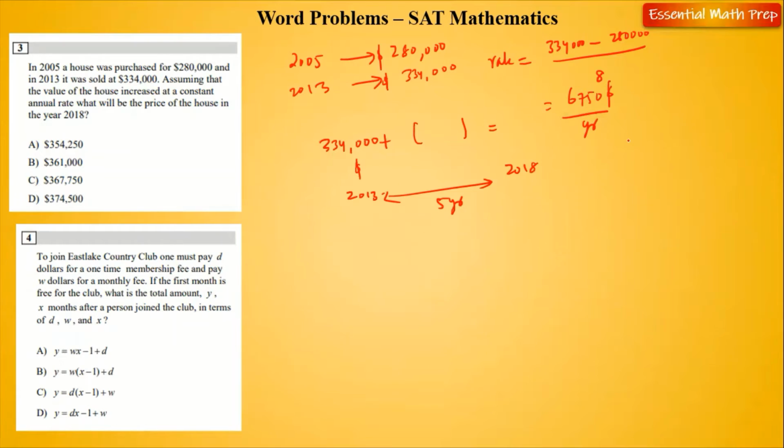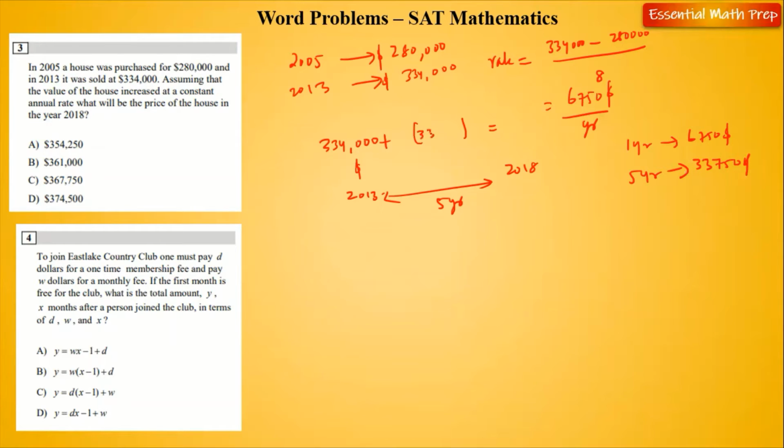For 1 year, the price is increasing $6,750. So in 5 years, it will be 6,750 times 5, which is $33,750, right? This is not the answer. This is just how much it's increased over the 5 years.